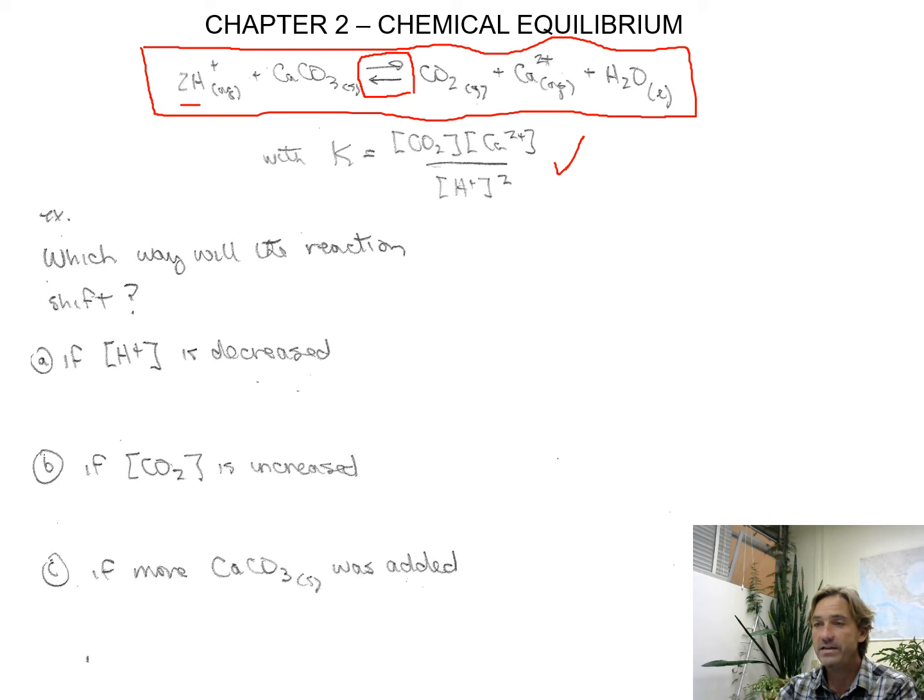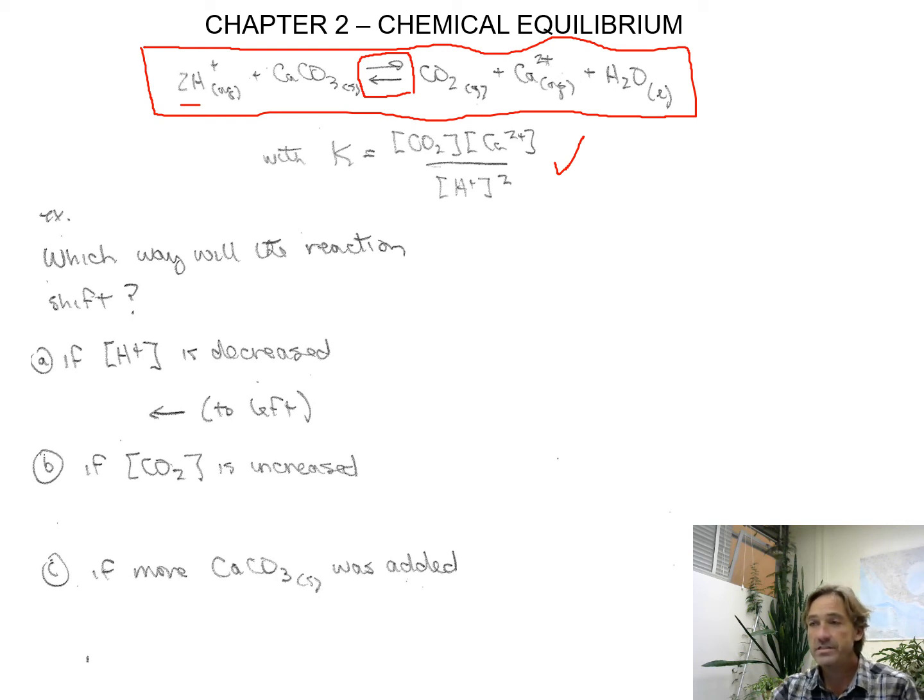And so it's going to have to shift to the left, make more H+, in order to get that ratio back to equal the equilibrium constant. So it's going to shift to the left if we remove H+.